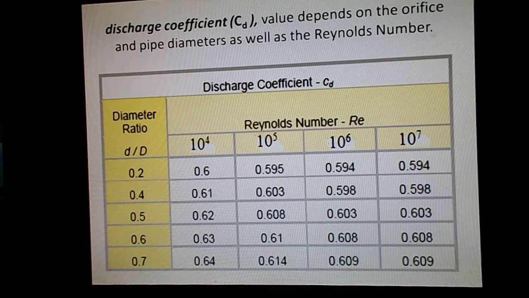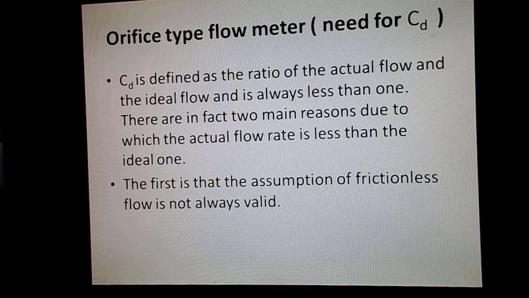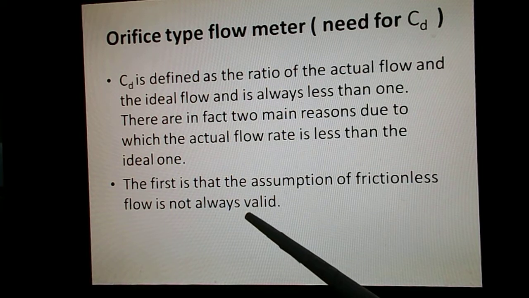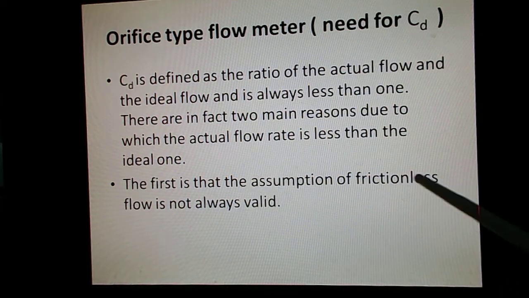But there is another factor which affects the value of discharge coefficient. We have already explained that the assumption of frictionless flow is not always valid, so we have to introduce a correction discharge coefficient.